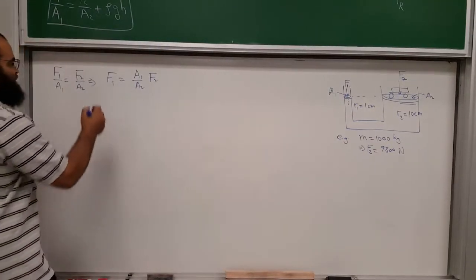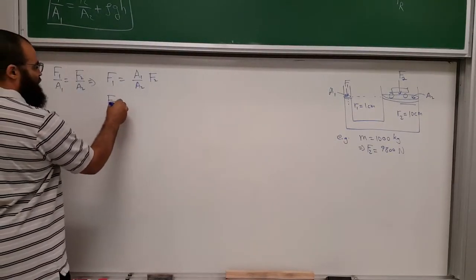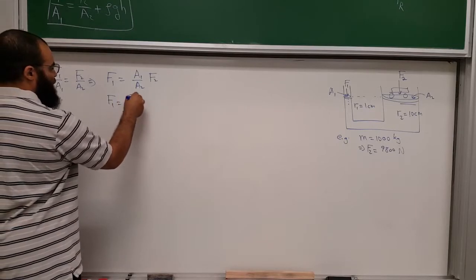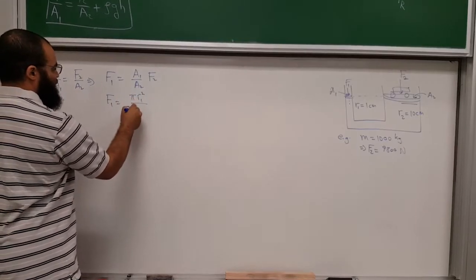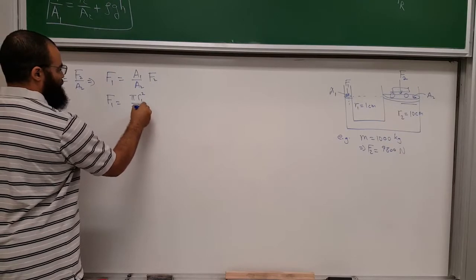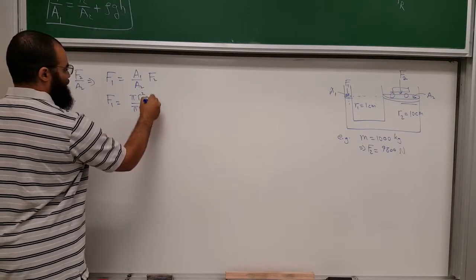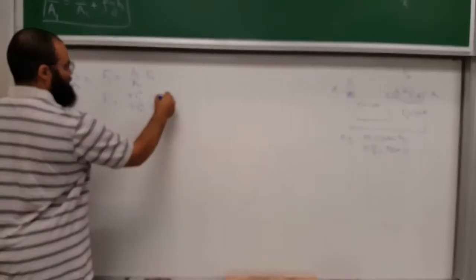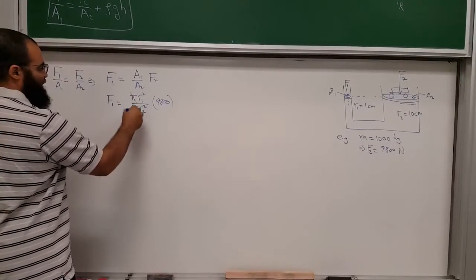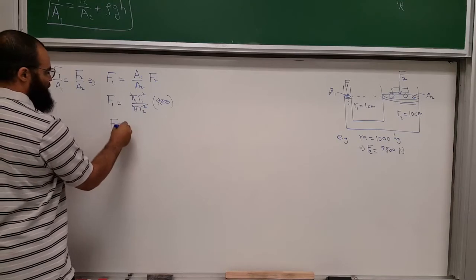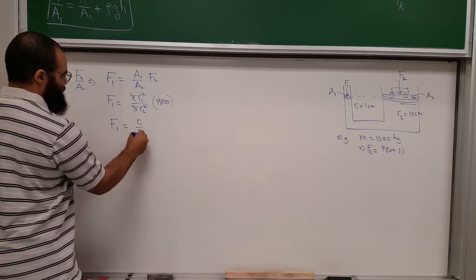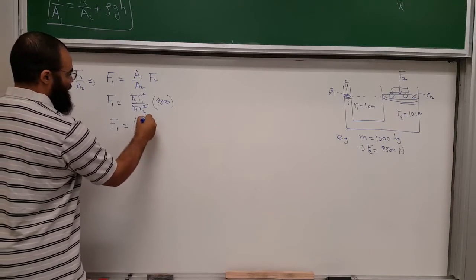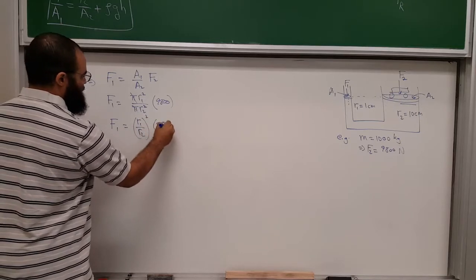What would be the relationship? F1 equals area 1, which is pi r1 squared, divided by area 2, which is pi r2 squared, times F2, which is 9,800 newtons. The pi cancels, so F1 is R1 over R2, the whole thing squared, times 9,800.